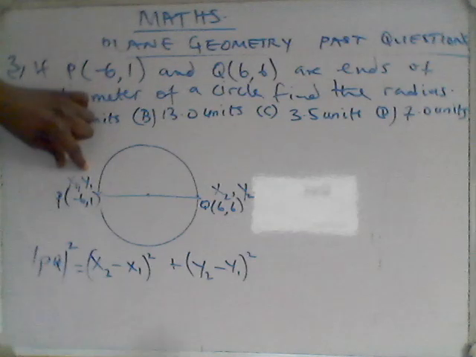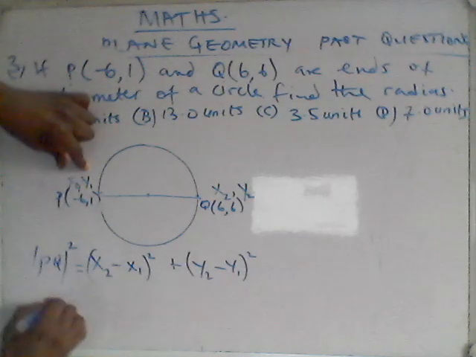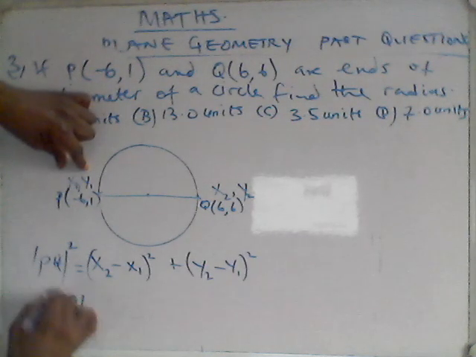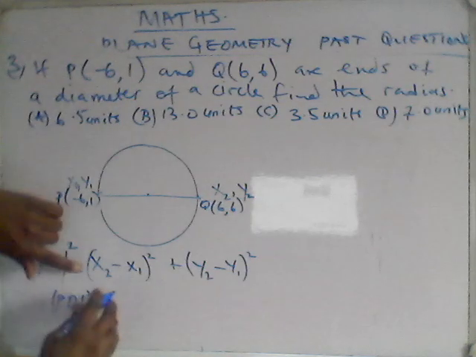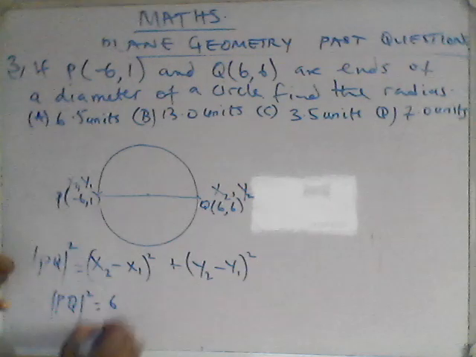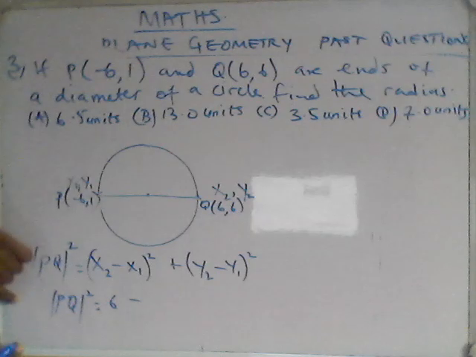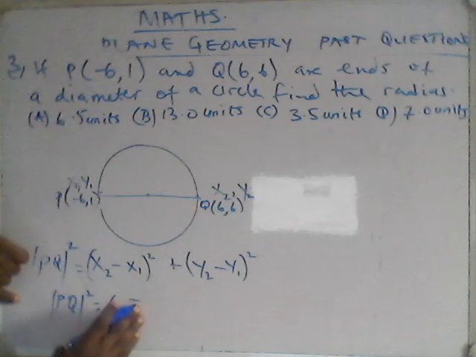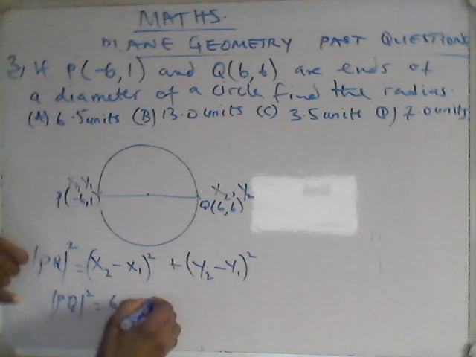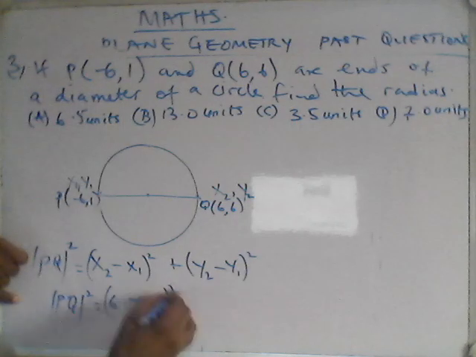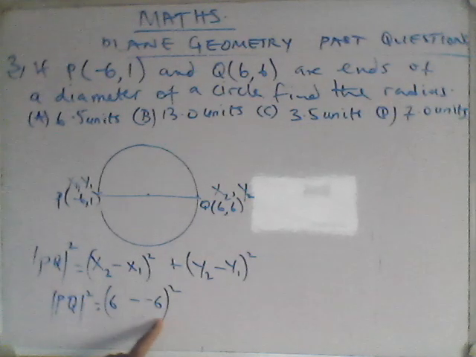What is x2? x2 is 6. So I will put it here. PQ line square is equal to x2, which is 6, minus x1, which is -6, so it's minus again 6, all square. You see, this is x2, this is x1, right?